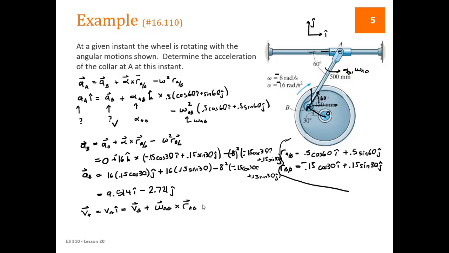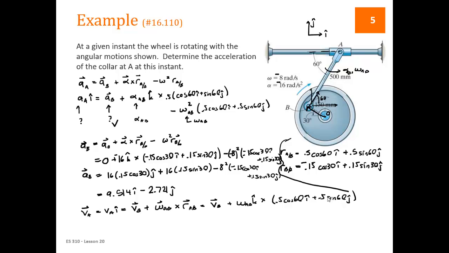All right, we know that the omega AB is in the k hat direction, but we don't know its magnitude. So this is going to be VB that we don't know, plus omega AB k hat crossed with RAB. And RAB is written out here, so crossed with 0.5 cosine of 60 i hat plus 0.5 sine of 60 j hat.